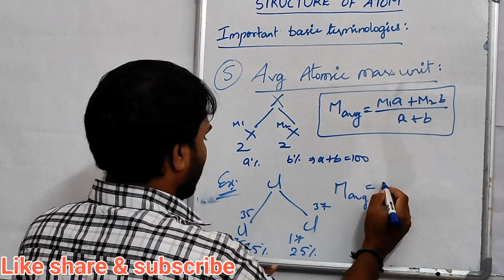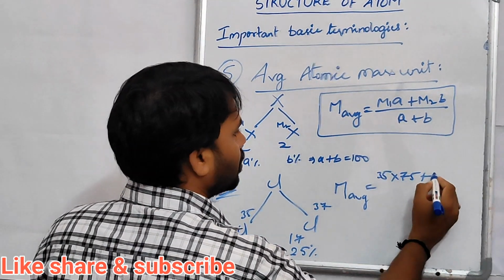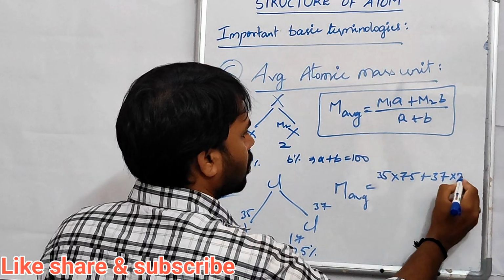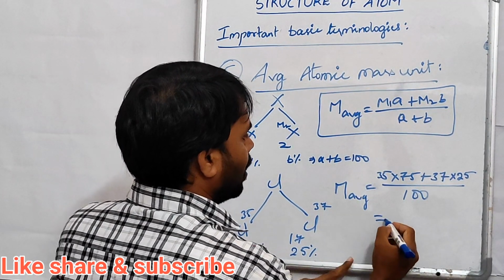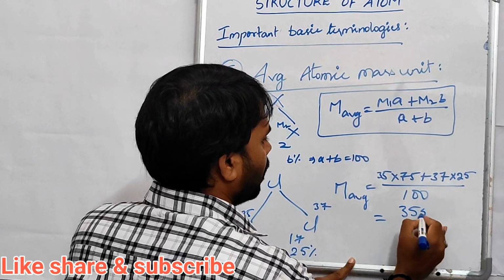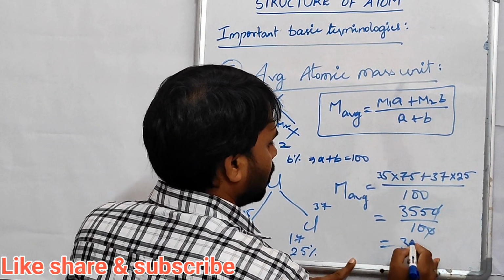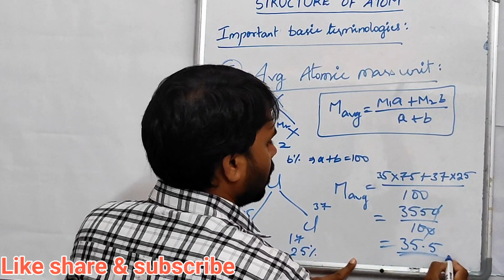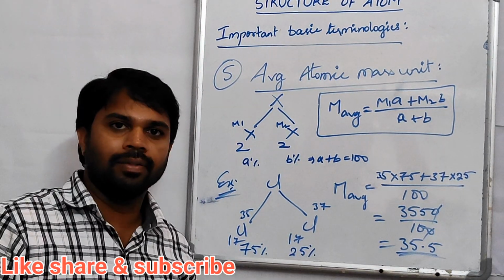That equals (35 × 75 plus 37 × 25) divided by 100. That comes out to be 3550 divided by 100, that equals 35.5. The average atomic mass of chlorine is equal to 35.5.